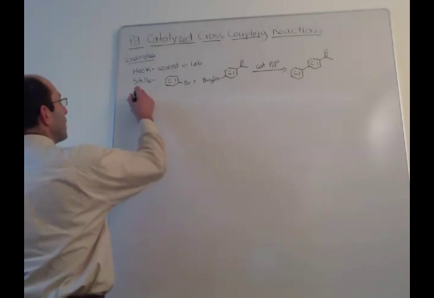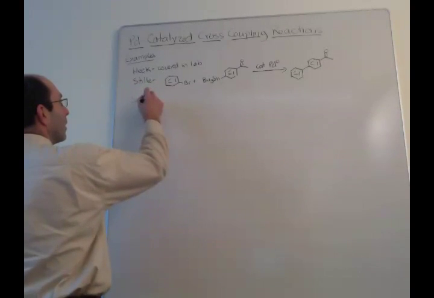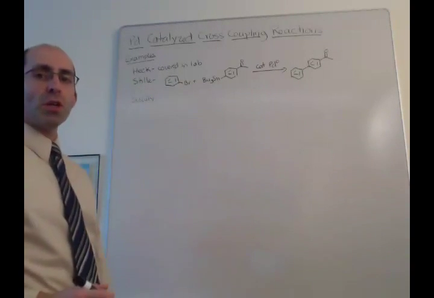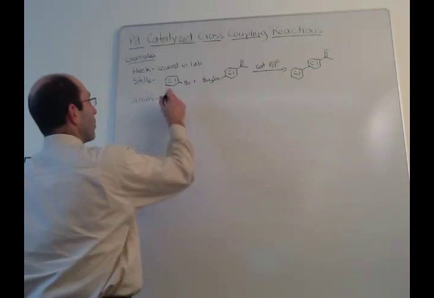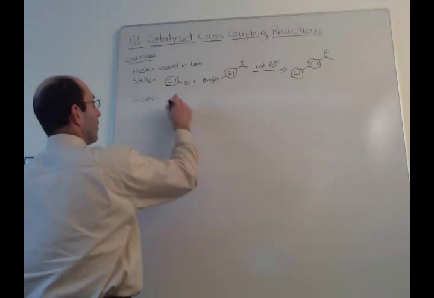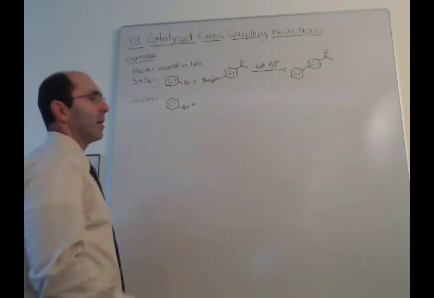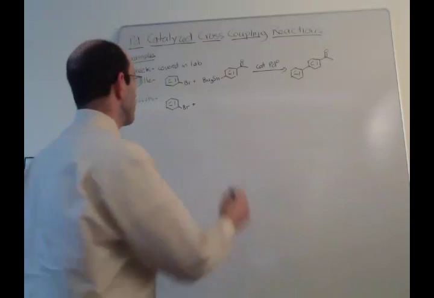The Suzuki reaction. The Suzuki reaction is just like the Stille reaction, except we're going to use a different metal. So we can take the exact same substrate, and instead of using tin, we're going to use boron.